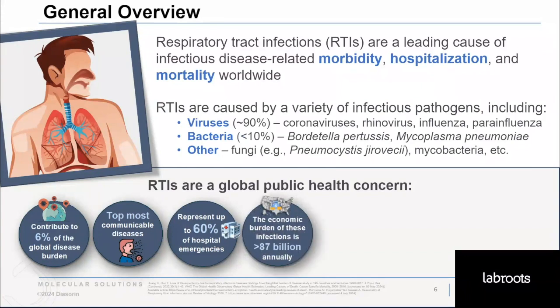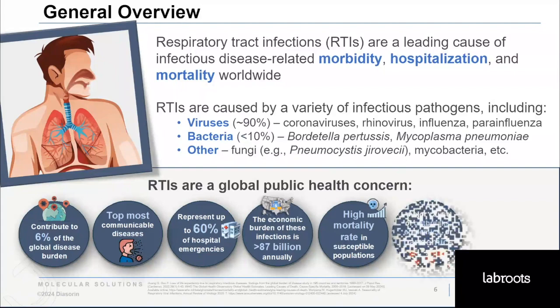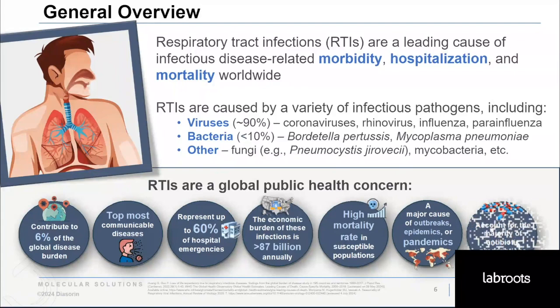It is estimated that the annual cost of these infections in the US is over $87 billion, involving both direct and indirect costs. The prevalence of these infections is high in susceptible populations, causing high mortality rates. They are a major cause of outbreaks and pandemics. And lastly, they account for the majority of antibiotic prescriptions, even though the majority of these infections are caused by viruses.